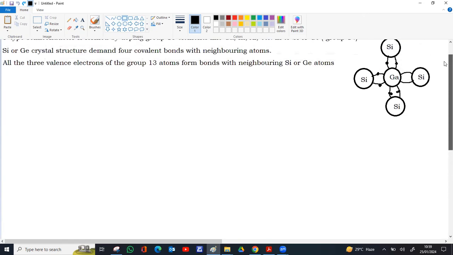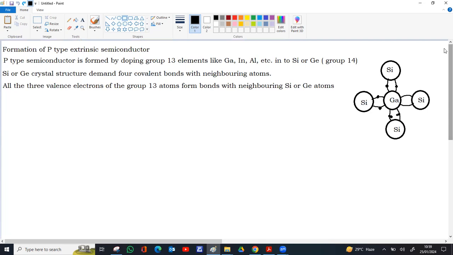Group 13 atoms have 3 valence electrons. So all 3 valence electrons of group 13 form covalent bonds with the neighboring 3 silicon atoms.